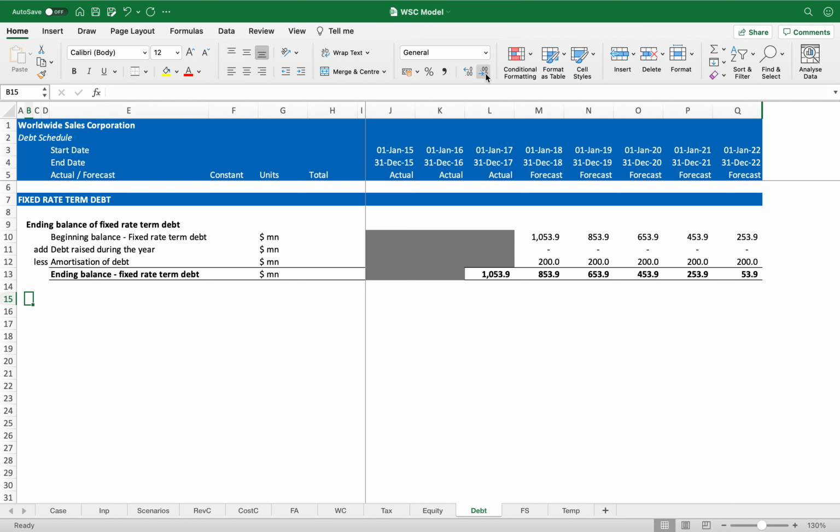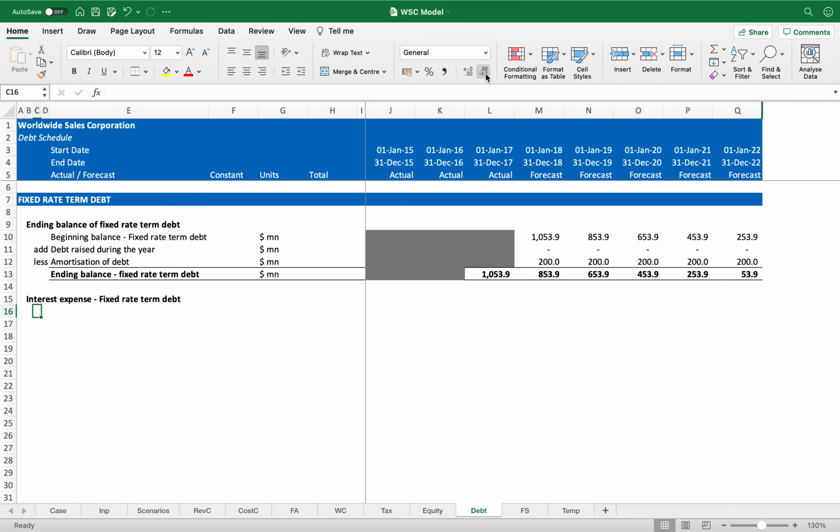Now, I hope you are with me till this point. What else can we find out for the fixed rate term debt? Interest, right? Interest expense for fixed rate term debt. How will I find out? I will have to compute my average debt, right? We all know this. I have to compute my average debt.